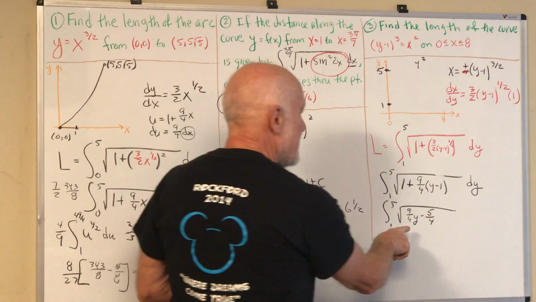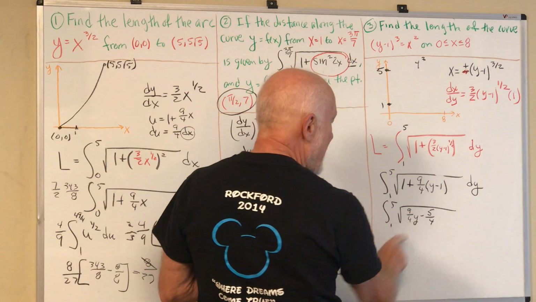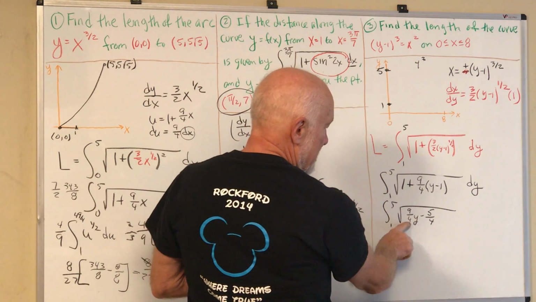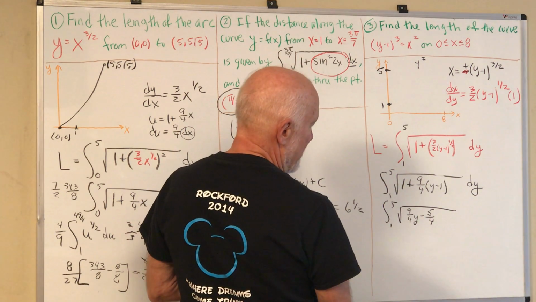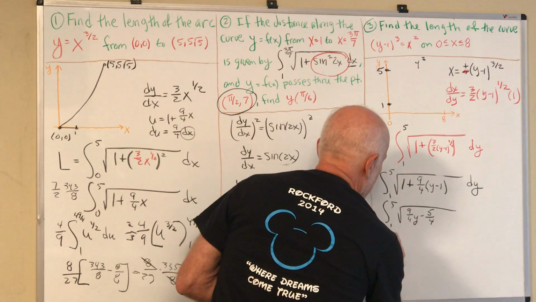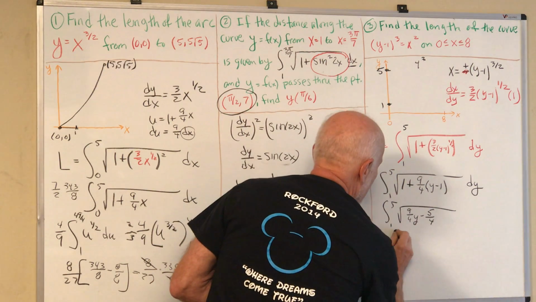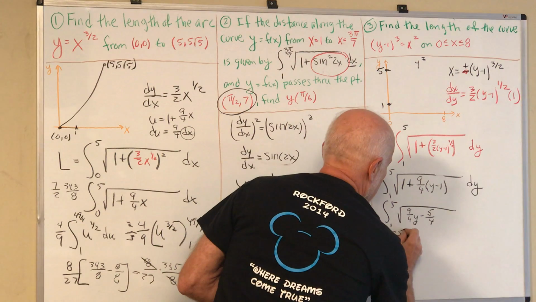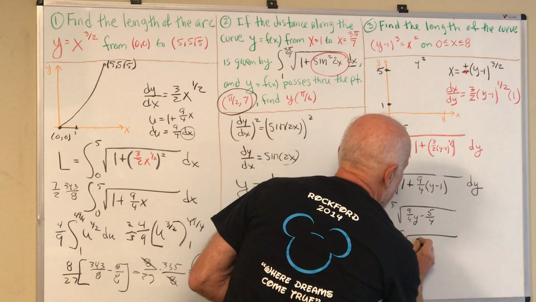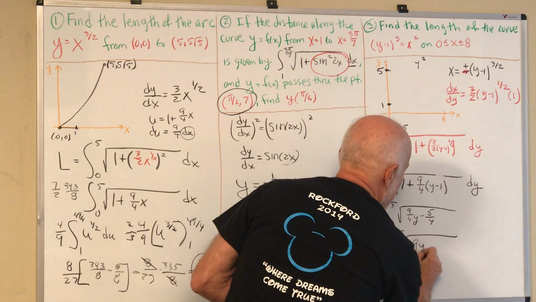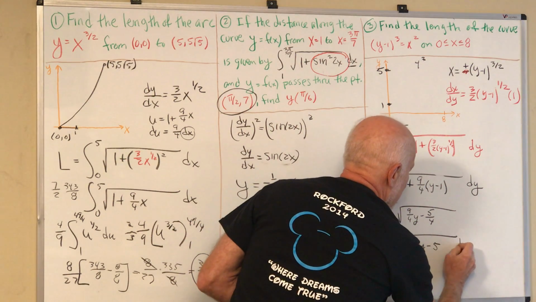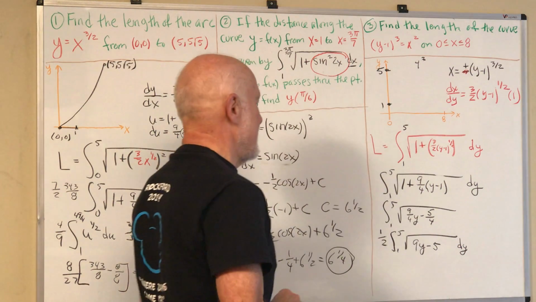I think if we factored a 1/4 out of here, it's really going to be 1/2 when you take it out of the square root. And you have the square root of 9y minus 5 dy.